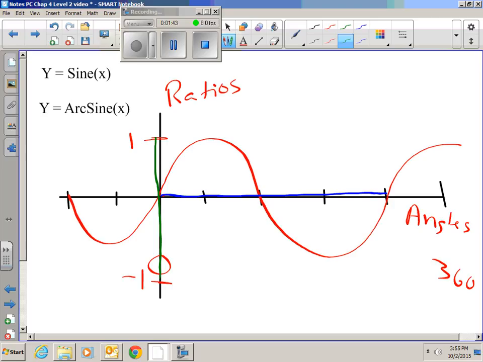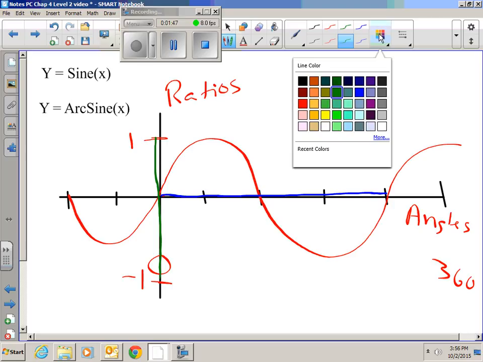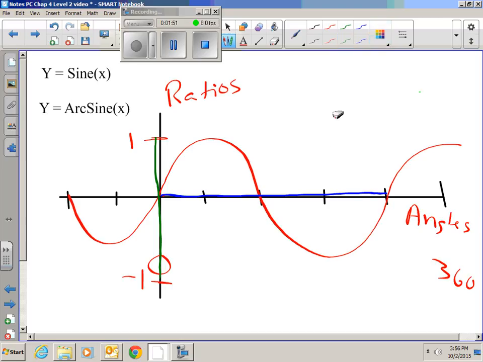The inverse sine, we switch that. But now the problem with the inverse sine is that we're only going to take a piece of the sine curve. In other words, I'm only going to take this piece of my sine curve. Notice now that my ratios go from -1 to +1.